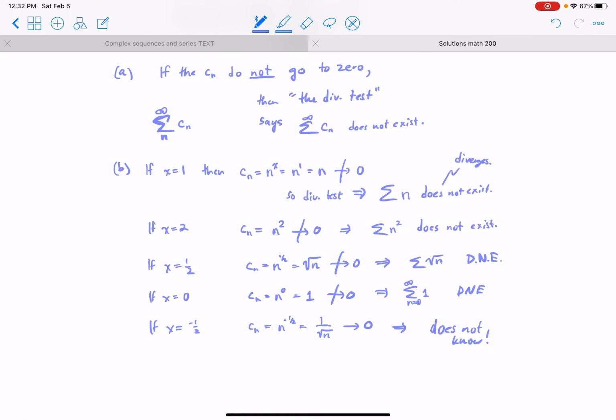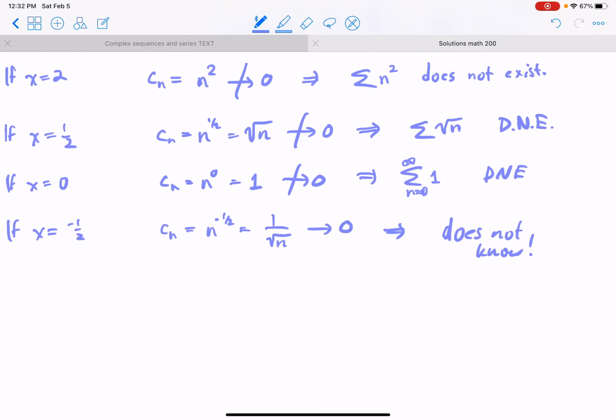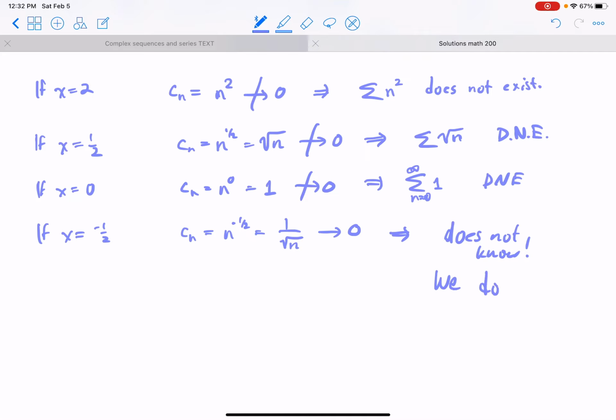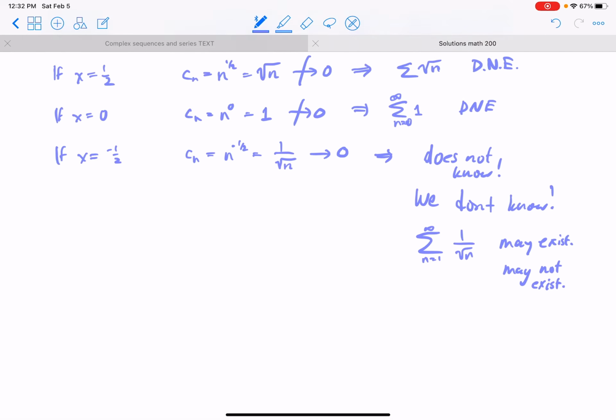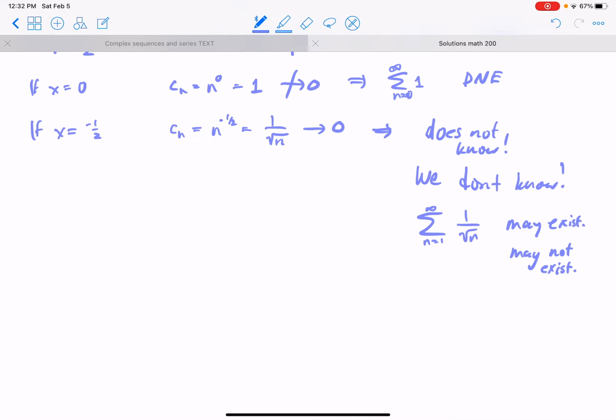The divergence test cannot tell us anything. We don't know. The sum of 1 over the square root of n from n equals, maybe 1 to infinity, may exist, or it may not exist. We just do not know, at least according to the divergence test.